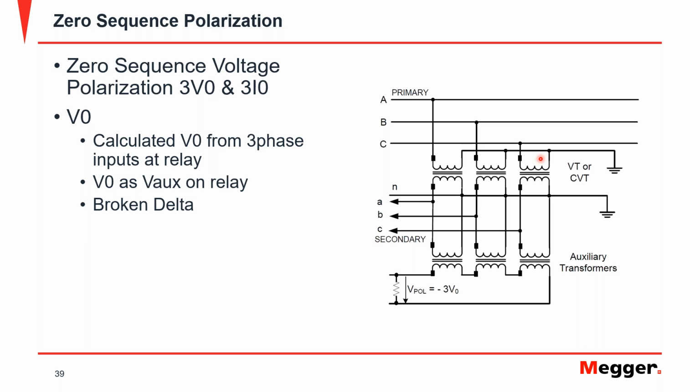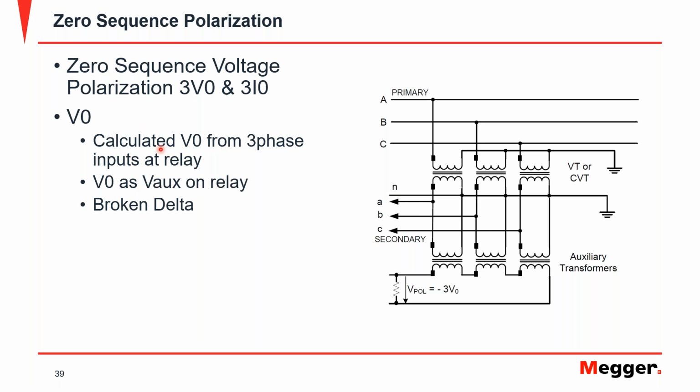When it comes to zero sequence polarization, we use the zero sequence voltage, the 3V0, or 3I0. And what we do is we compare the relative position of the zero sequence voltage and the zero sequence current. Now, the zero sequence voltage can be calculated today in microprocessor relays.